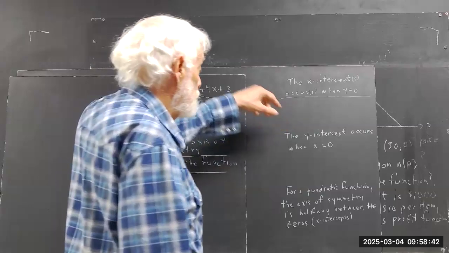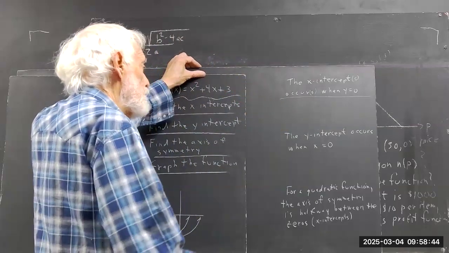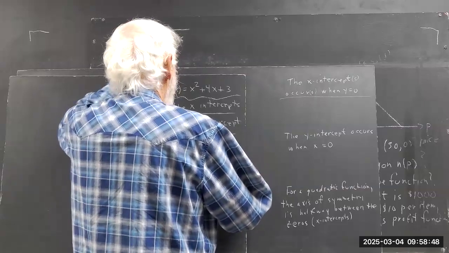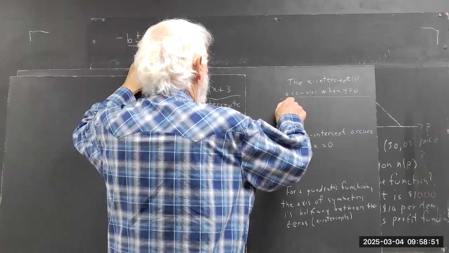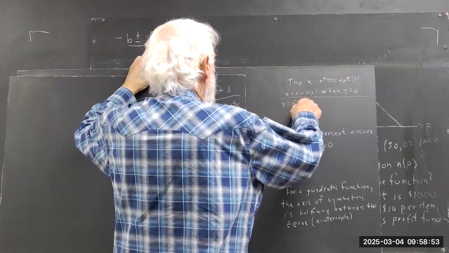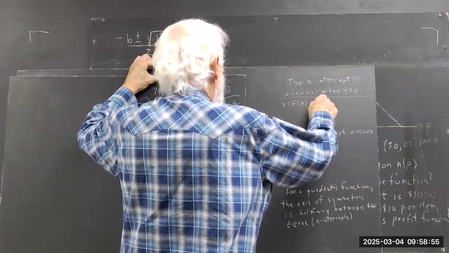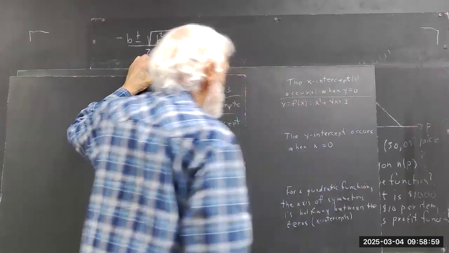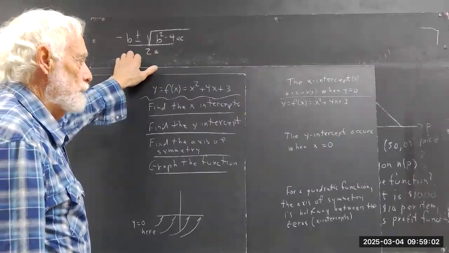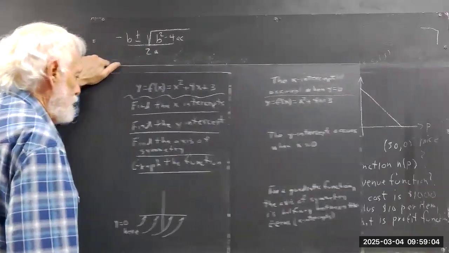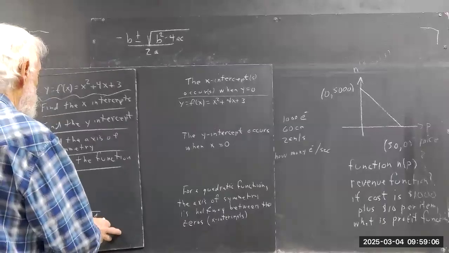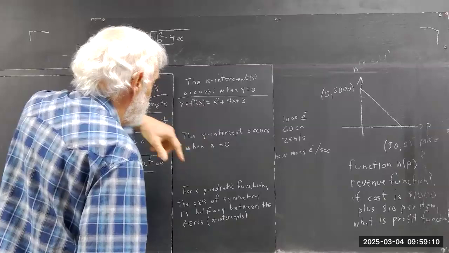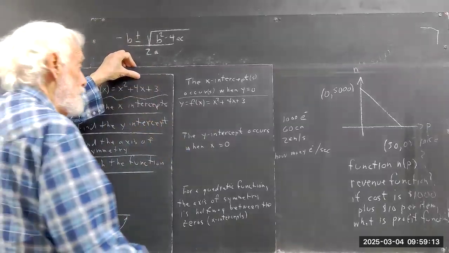Okay, the x-intercepts occur when y equals 0. Now our function is y equals x squared plus 4x plus 3.